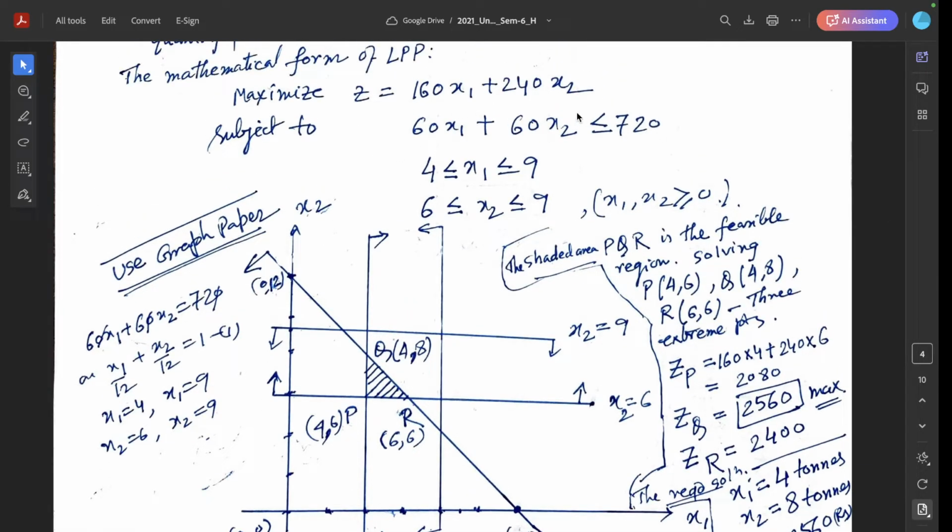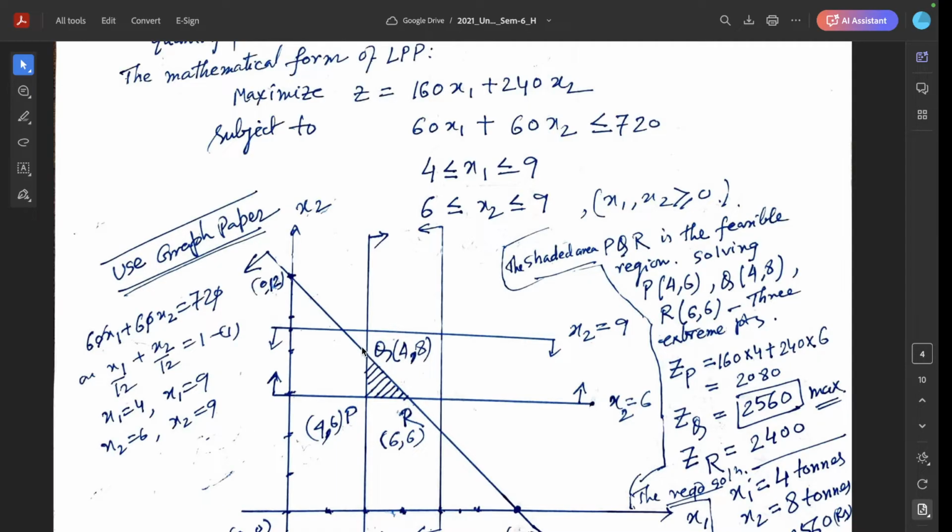First we convert the inequalities into equations and draw the lines: x1 by 12 plus x2 by 12 equals 1, x1 equals 4, x1 equals 9, x2 equals 6, and x2 equals 9. Setting all these inequalities, this is the shaded region PQR. This is the required convex feasible region for solving this.